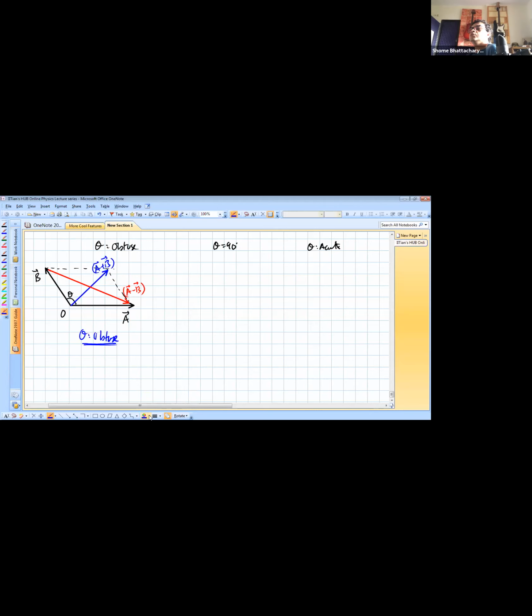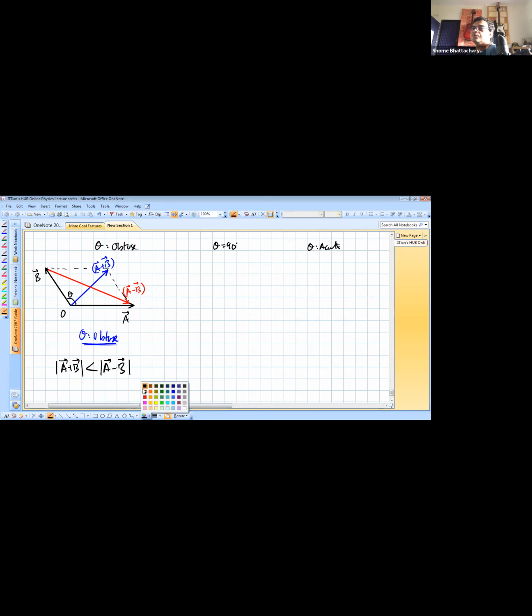Immediately it shows you visually that mod of A plus B is less than mod of A minus B, which you well know by using the triangle formula. But now you can quickly visualize that theta obtuse means it is stretched. So this diagonal is getting stretched to a longer length, and this diagonal is getting compressed to a shorter length.